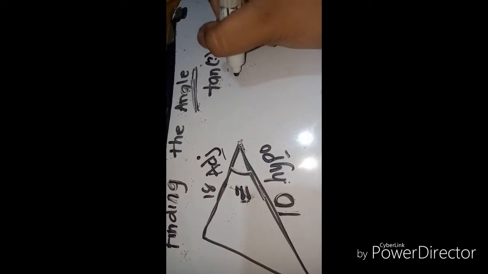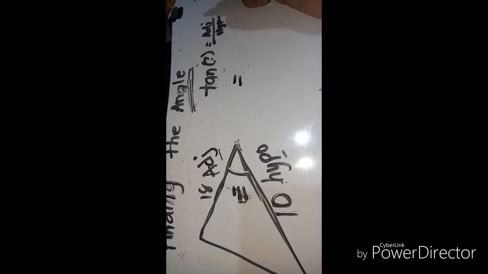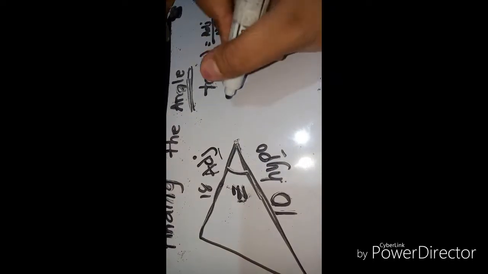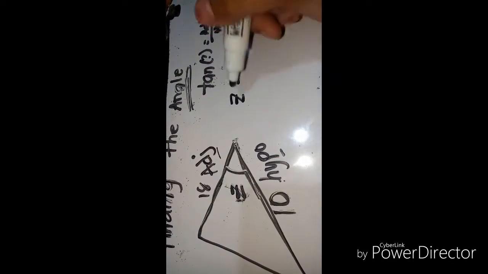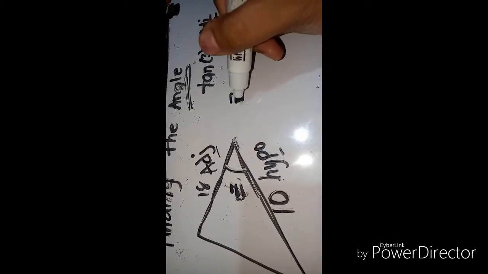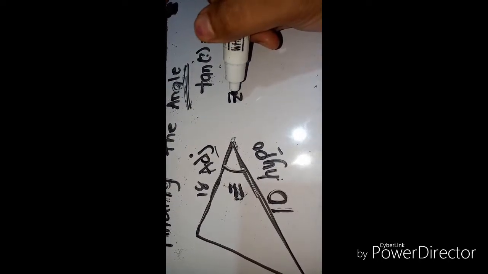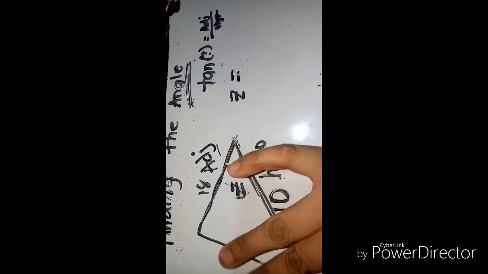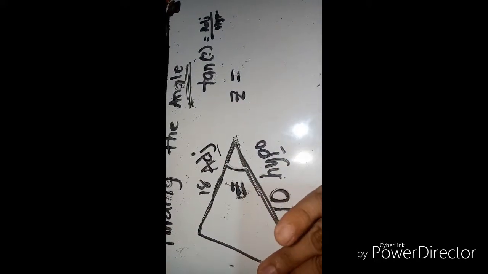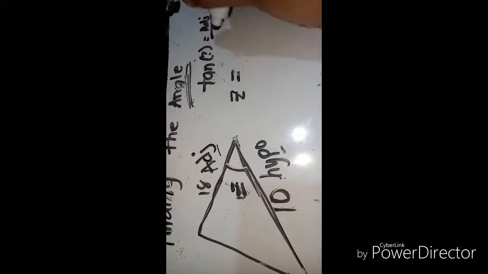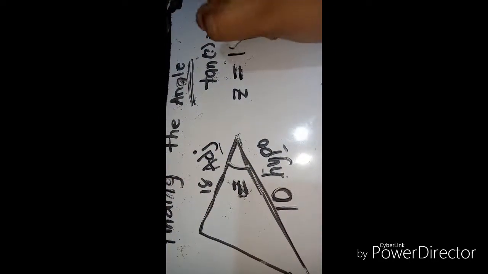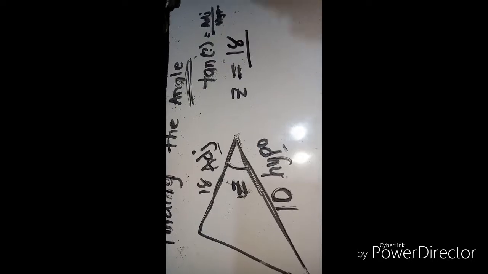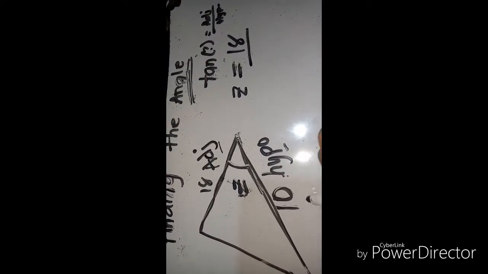So this will be the formula for looking for the angle using SOHCAHTOA. Z, or the angle, equals the adjacent, which is the 18, over the hypotenuse, which is the 10.